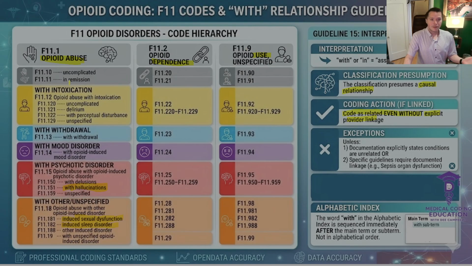You use these codes when we're dealing with an addict who is suffering from one of these problems and we don't know the explicit cause for them yet. Keyword: documentation has to explicitly state that conditions are unrelated. The reason for this is your coders will probably get a denial asking why you have F11 abuse with insomnia on the side and you don't have it combined with a sleep dysfunction.